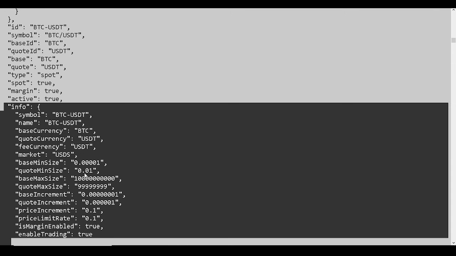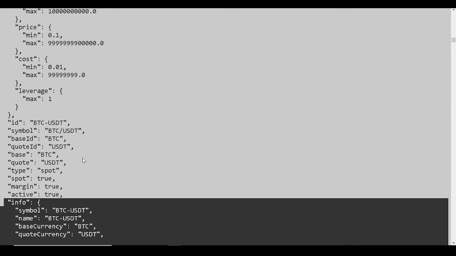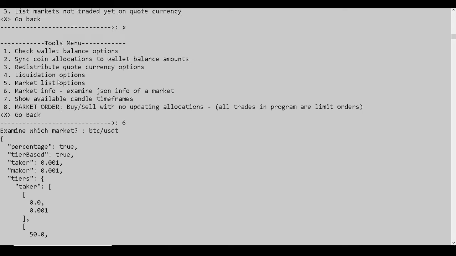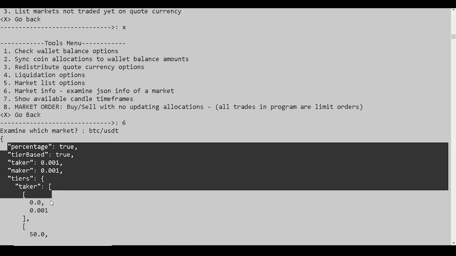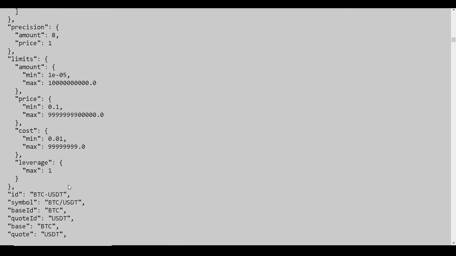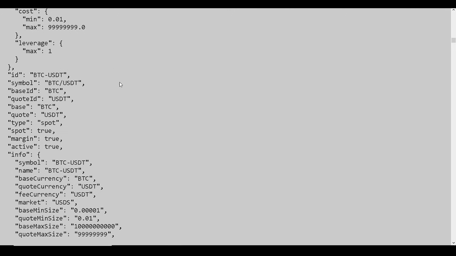And then the rest of this is the unified API that tries to fill all the information in a unified way. For example, this symbol here is BTC/USDT. And the symbol on another exchange might be BTC/USDT or BTC-USDT or BTC_ maybe.